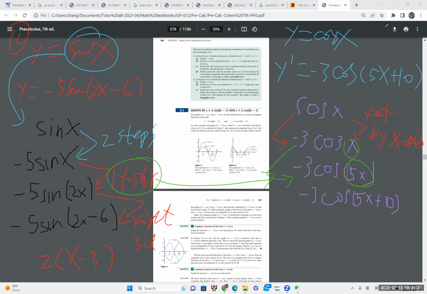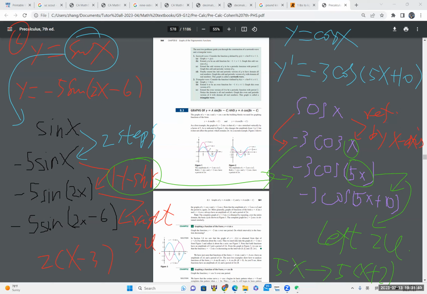Then finally, from here to here, what will happen? It translates to the left for 10 units. No, here is left. Yeah, left, but just 2 units. Because it just means 5x replaced by 5 of x plus 2, right?